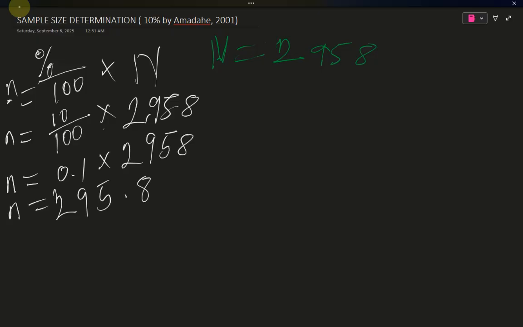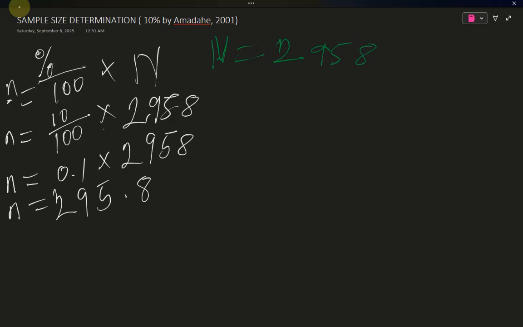So we have to round it to the nearest whole number. I have to confirm from Doc whether we'll round it to the nearest whole number, or round it up or round it down. When they say round it up, that will mean whatever number we get, irrespective of the decimal here, we'll increase this one by 1. If we are rounding it down, irrespective of the number here, we'll keep this number.